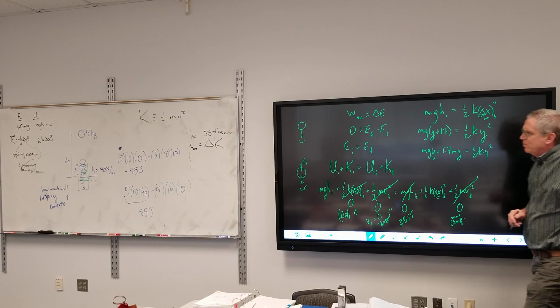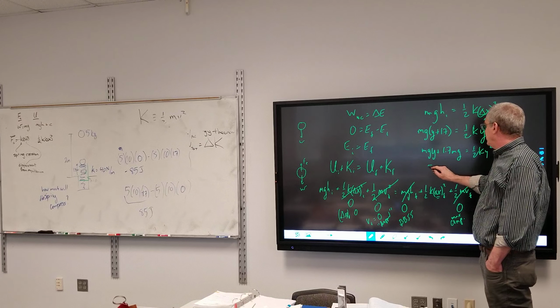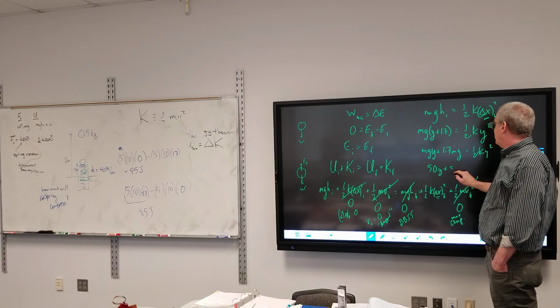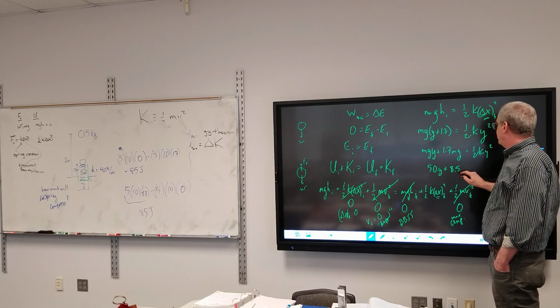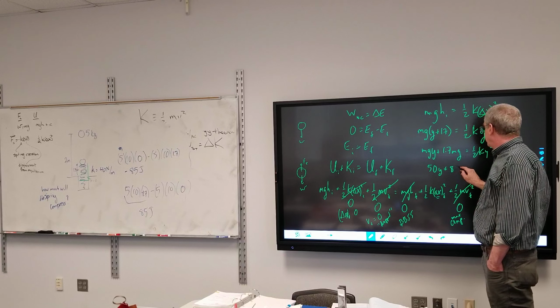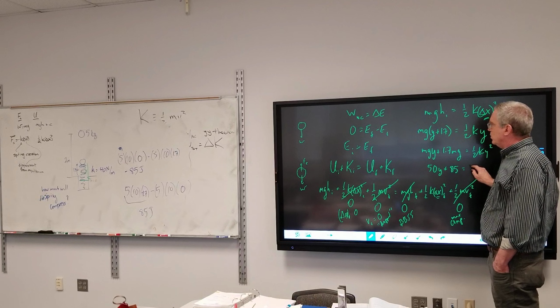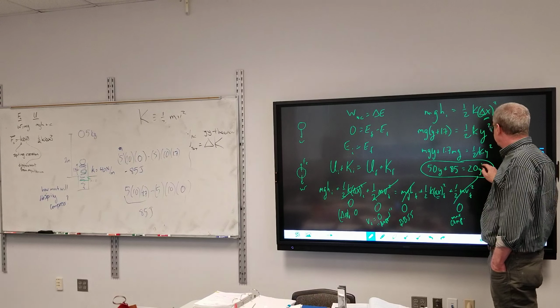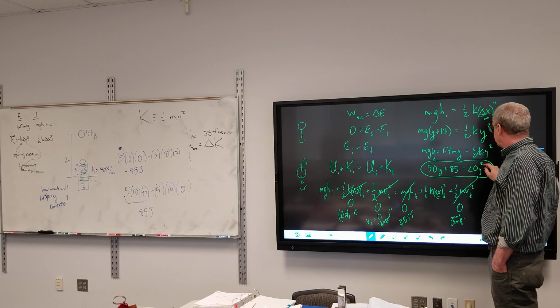Now let's stick in numbers. That would be 50y plus 85 is equal to 20y squared. That's the math problem. How do you solve it?